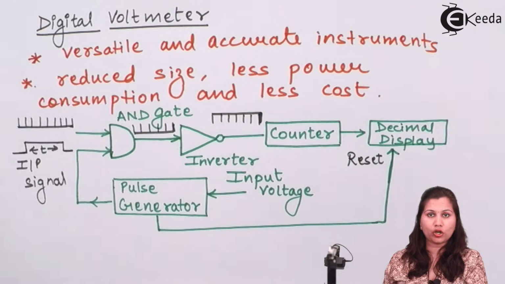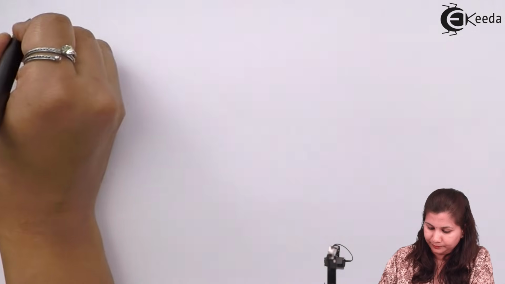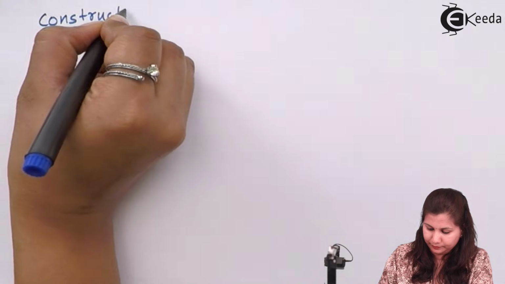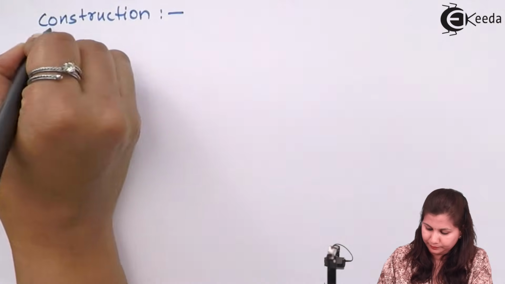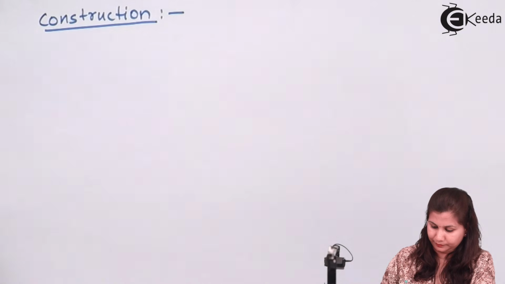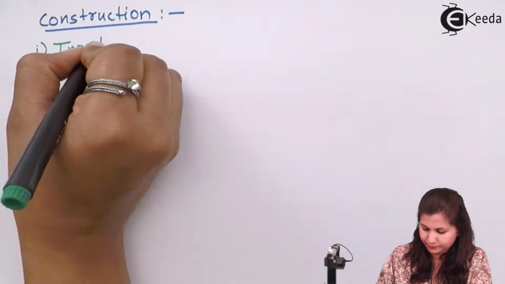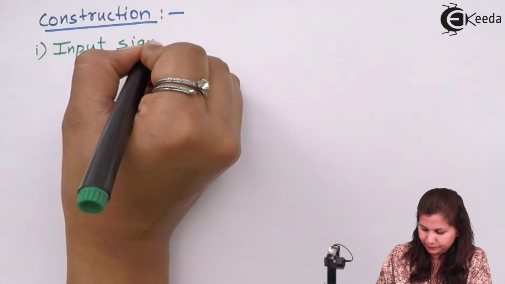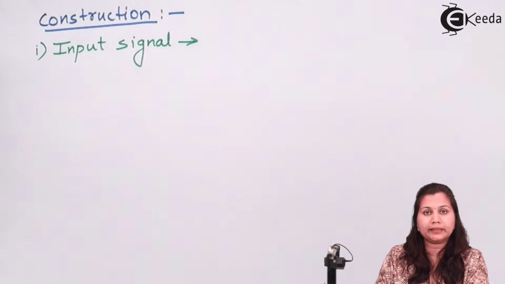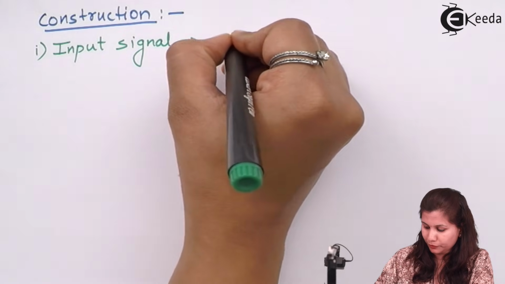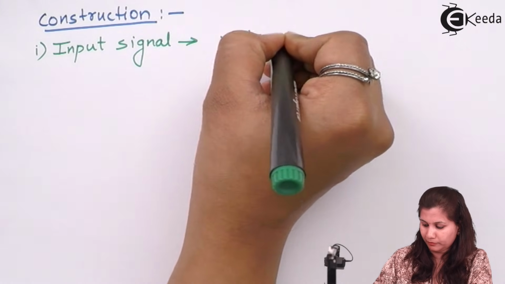Let us study these components in detail. The input signal is basically the signal whose voltage we want to measure, so the input signal is the voltage to be measured.